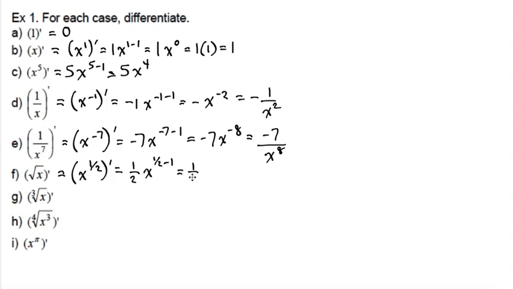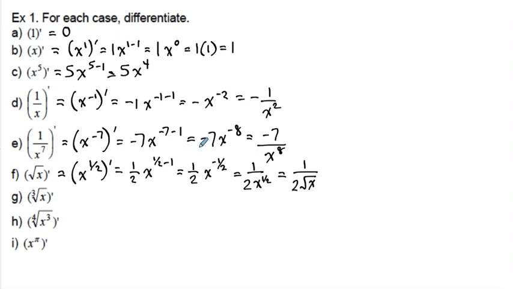So I get 1/2 x, and then if I take 1/2 and I subtract 1, I get an exponent of negative 1/2. Well, what does that mean? Well, I could rewrite this as 1 over 2 x to the 1/2. The 2 goes in the denominator as well. And then instead of writing it as a rational exponent, I could write this under a radical sign, so 1 over 2 root x.